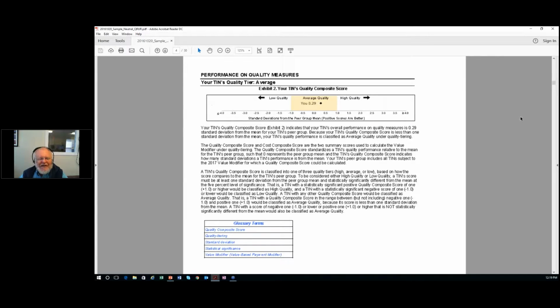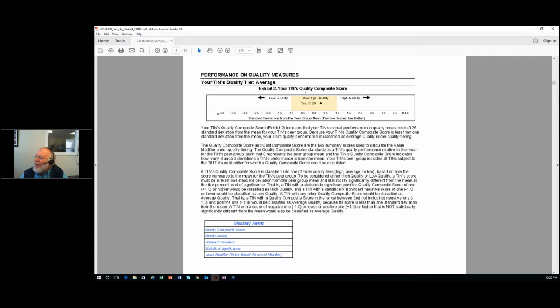Medicare also calculates 3 measures in the background that are in the care coordination domain, and that's also reflected in this report. So the first thing they do is look at the total quality composite score, and in this case, when they brought all the scores together, Medicare judges that our score in this sample practice is 0.29, just a little above average, but not enough above average to earn the incentive.